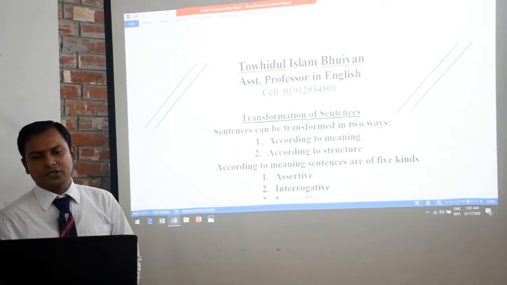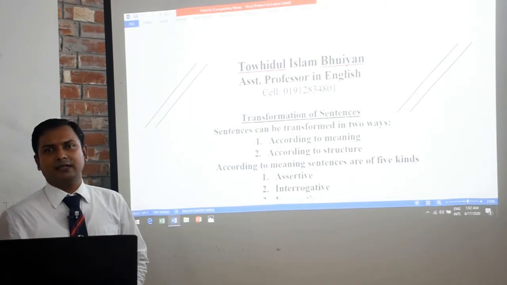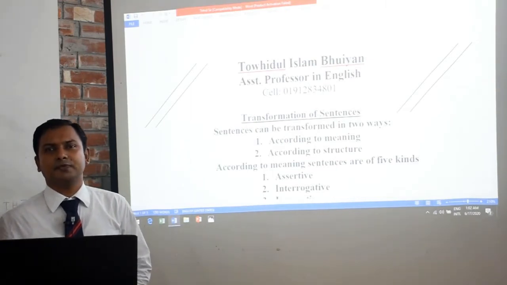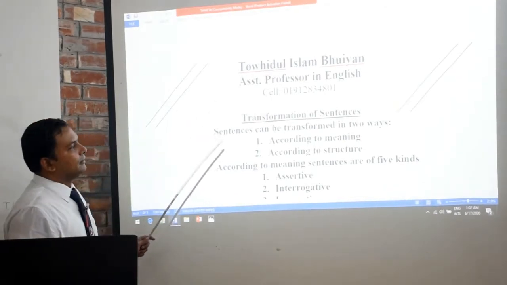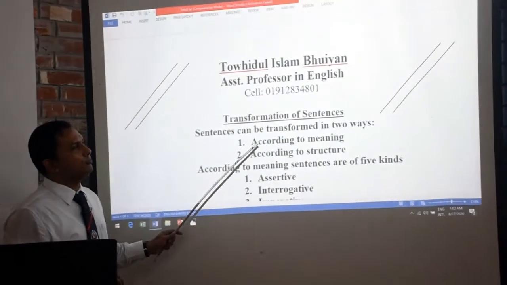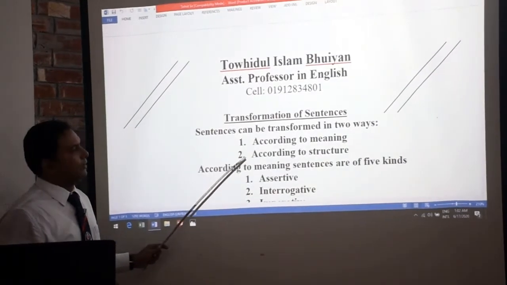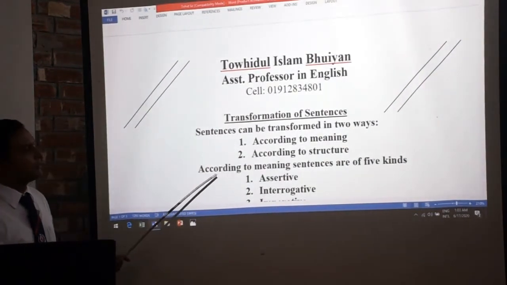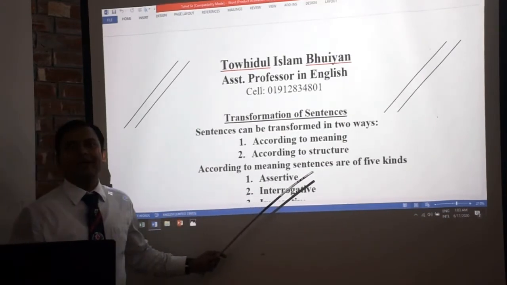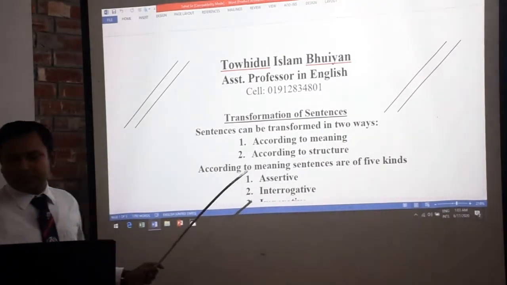My dear students, you know very well that sentences can be transformed in two ways. Which are they? They are according to meaning and according to structure. According to meaning, sentences are of 5 kinds. Which are they?